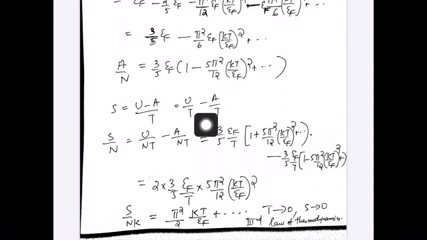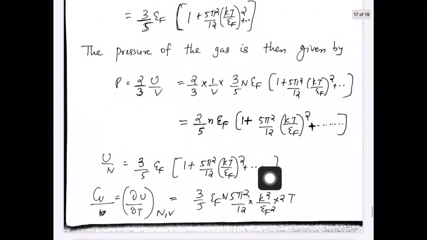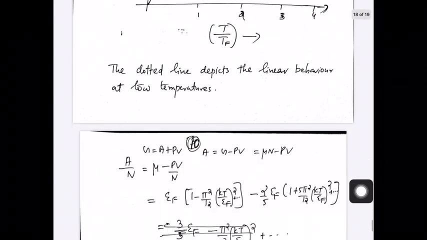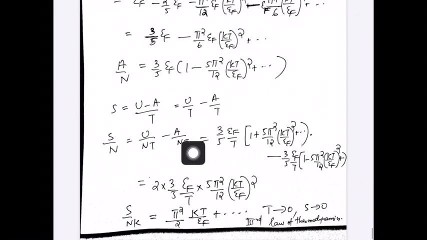Again we substitute for U by N, which we already know, and A by N that we got. Substituting A by NT like that, we finally arrive at the relation S by Nk, taking k to the side, equal to pi square by 12 times kT by epsilon f plus the remaining terms. So this is the expression for entropy.